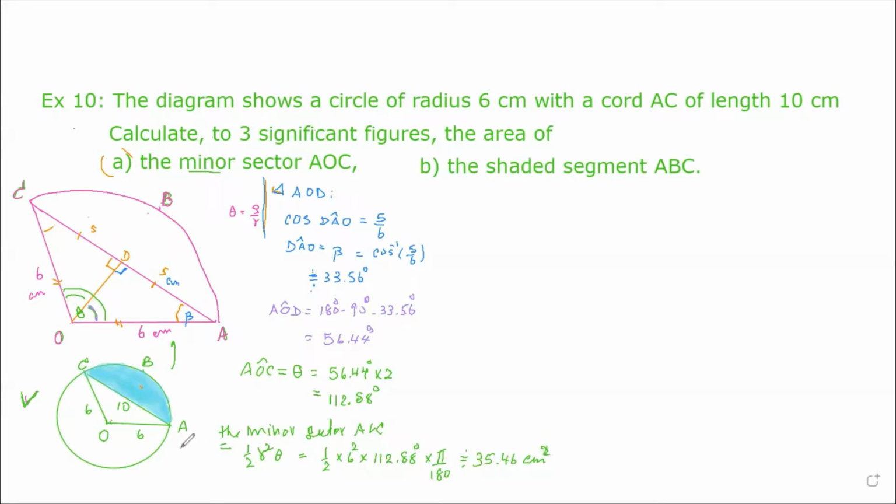Okay, this is the area. So we got the area of the minor sector AOC. Okay, this is the answer for question A. Now we go to question B.